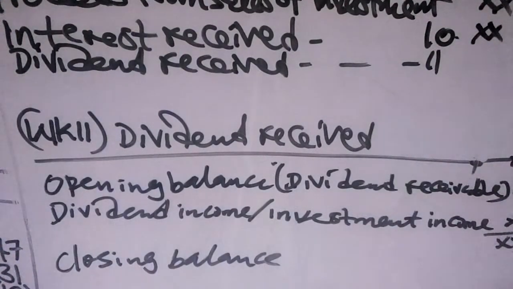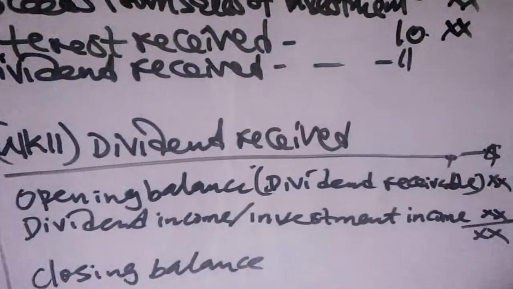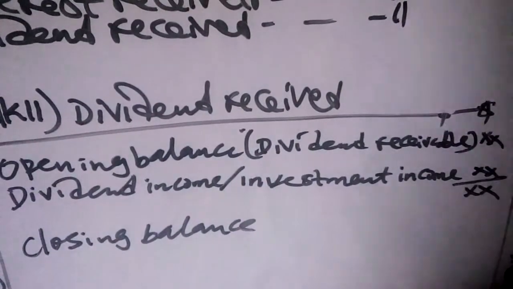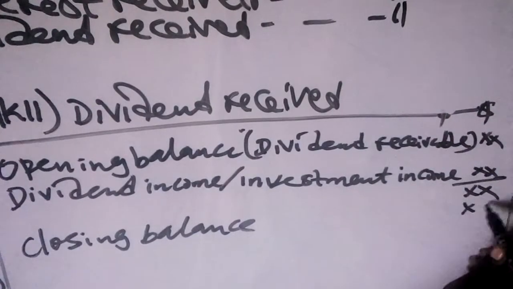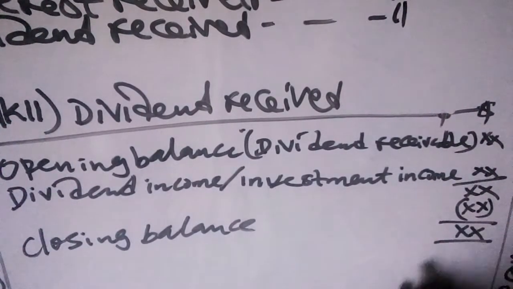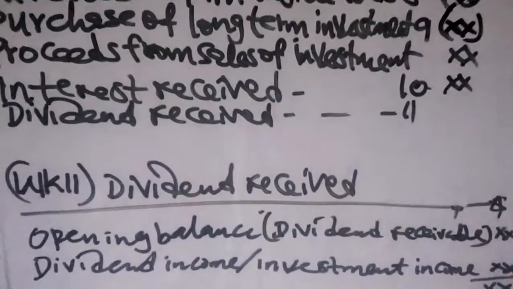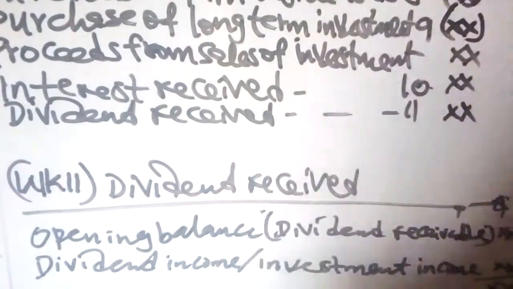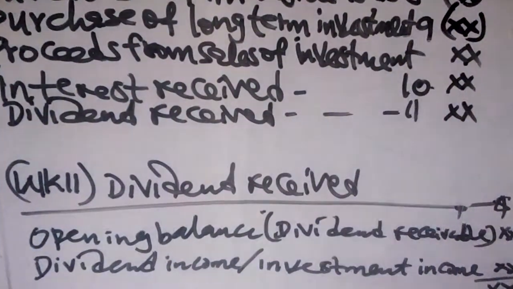When you remove the closing balance, you have the dividend received. And this is the amount you are going to report under investing activity as dividend received.